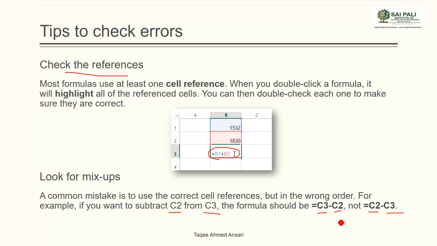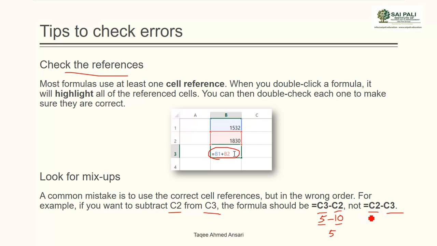Let's add the values here. The C3 cell has the value 5 and the C2 cell has the value 10. If C3 minus C2 is the right order, what result do you get? You get 5 from 10 after subtracting.